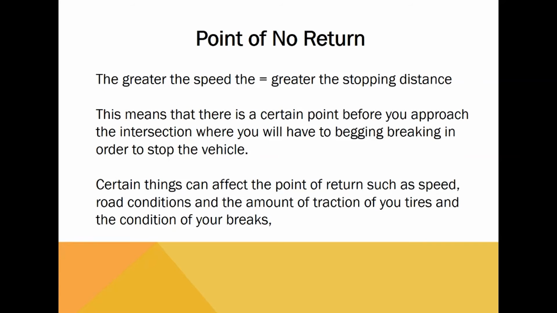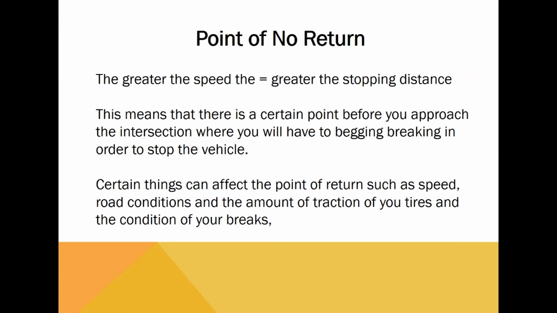So once you hit that minimum distance, and then you try to stop your vehicle, and if you don't prepare or stop soon enough, you're going to end up stopping in the intersection, or potentially sliding into the intersection, or sliding into another vehicle. So that's what the point of no return means. It means there's a certain point before you even get to that intersection where you need to start stopping.